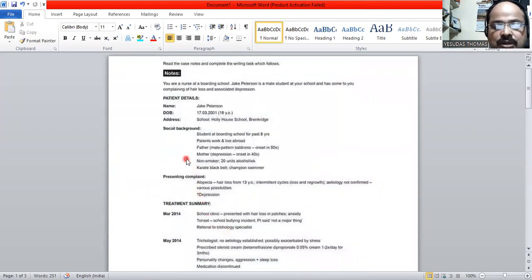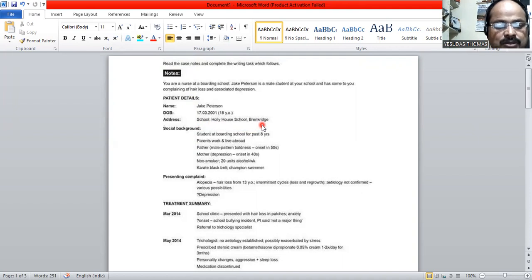We have the social background. We have the school you are in, Holy House School, Brentskridge. If you want to include that, you can include the name of the school at the end.